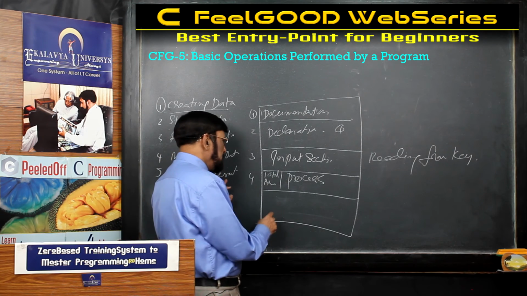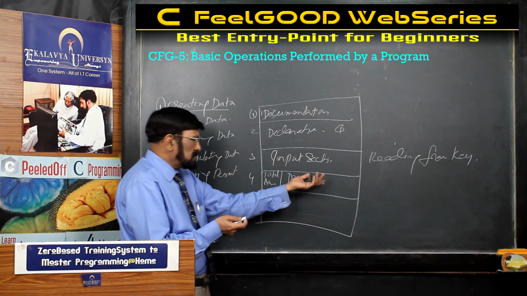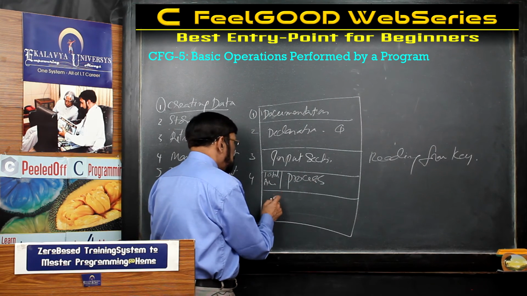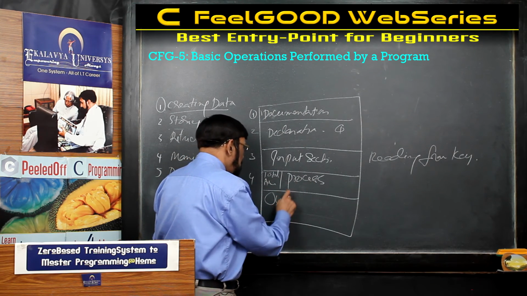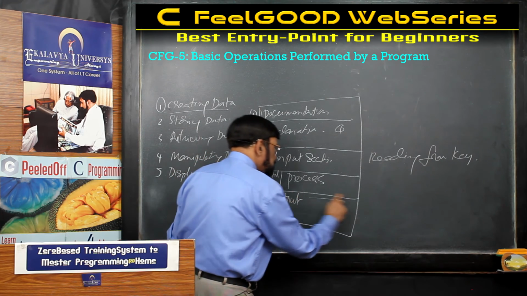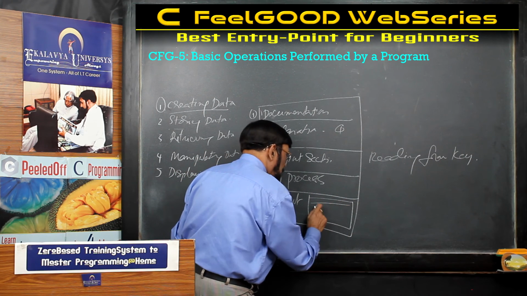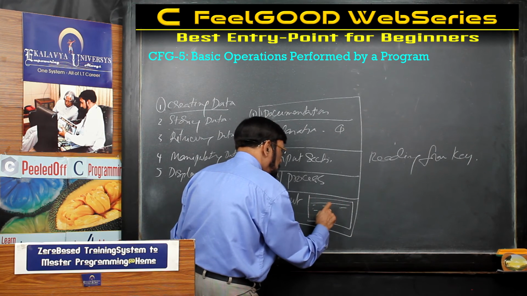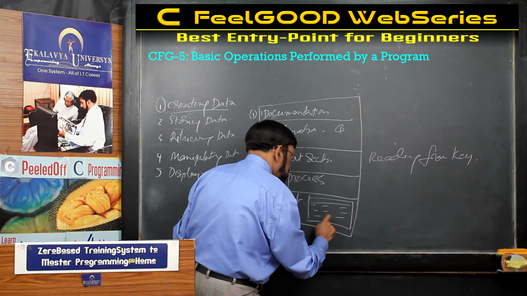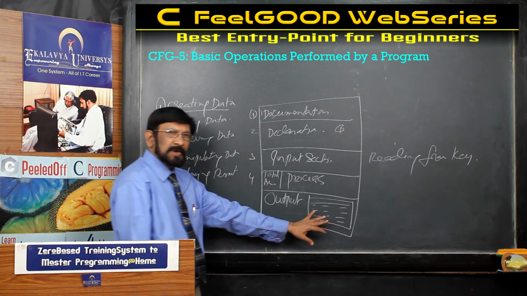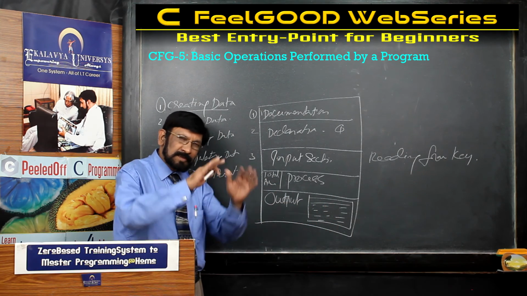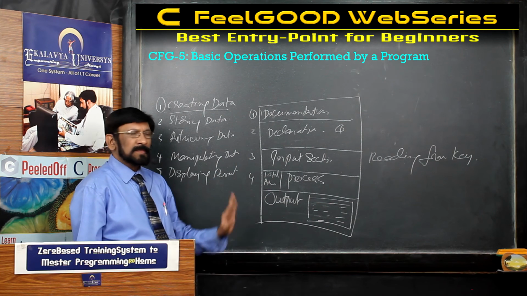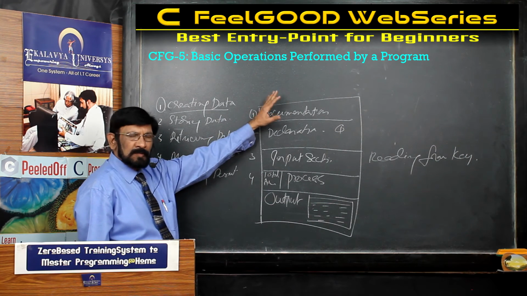Thereafter the entire result should be displayed. It is in the computer memory, but how can you see that? Then what is required? Output. Already I showed you the mark report. Not only the content; here 11 items are there, which should be displayed in a format. That is the output section. So documentation section is a simple formality.